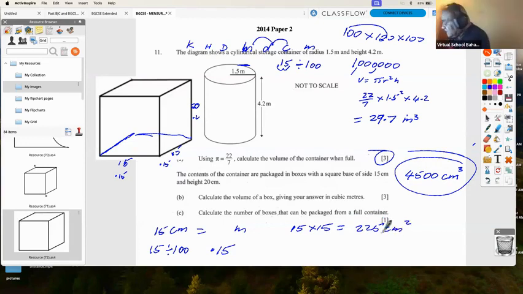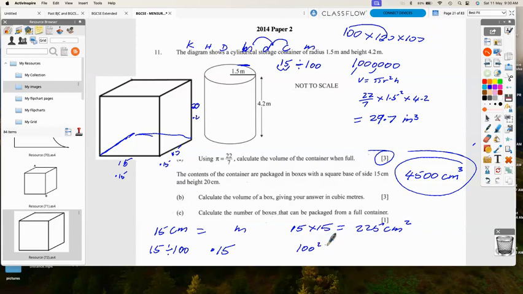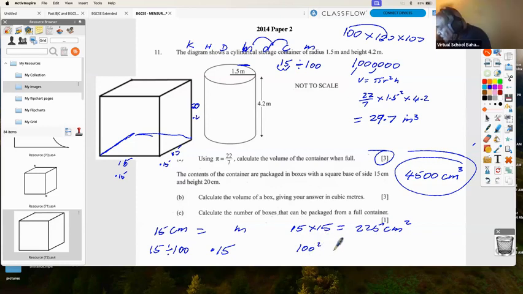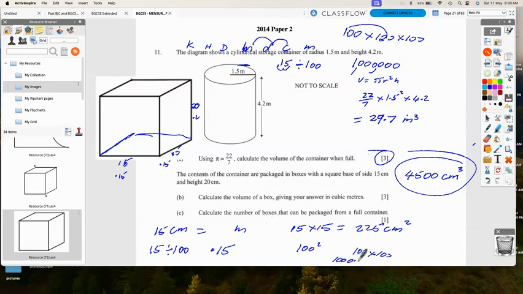So to change this into square meters now, I would have to do 100. That was for the length, and square means square. So you have to multiply 100 by 100, and I will get 10,000.